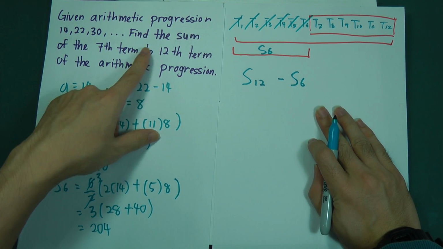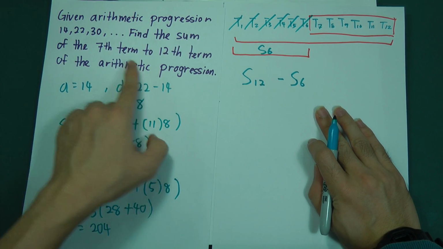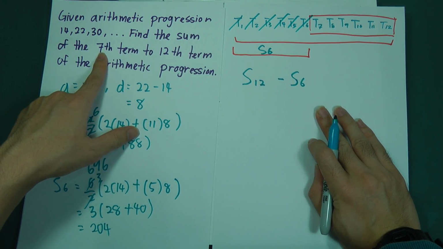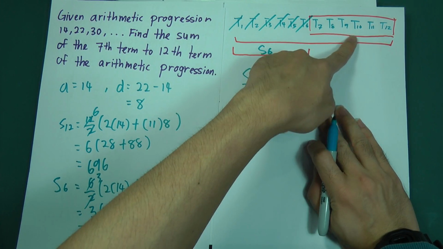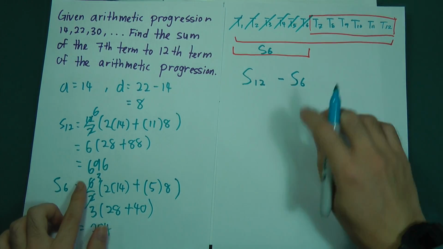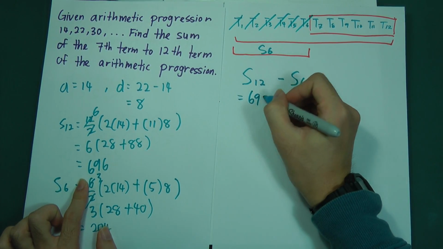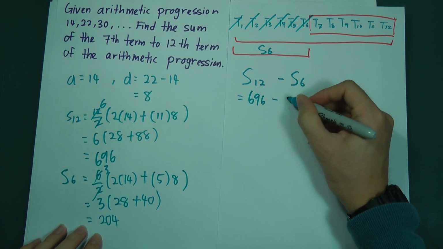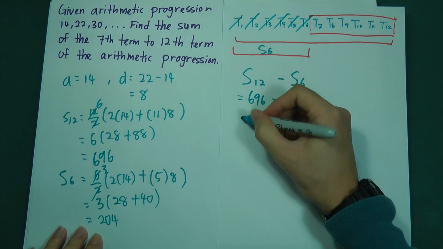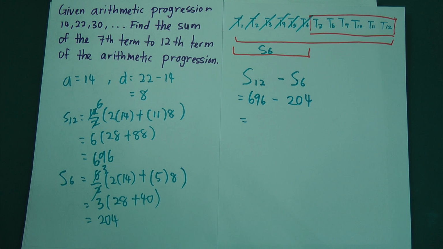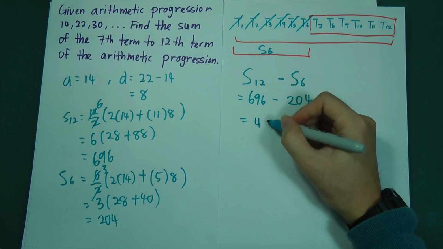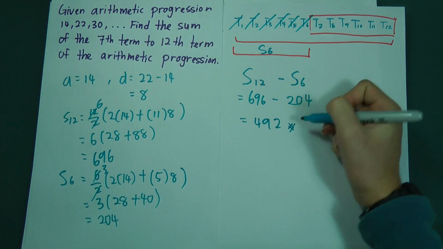So in order to find the sum of the 7th term to the 12th term, meaning from T7 plus until T12, I can use 696 minus 204, which is 492.